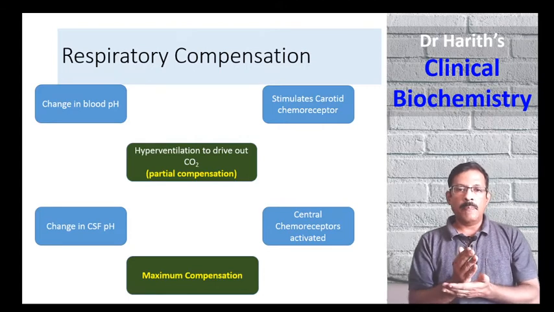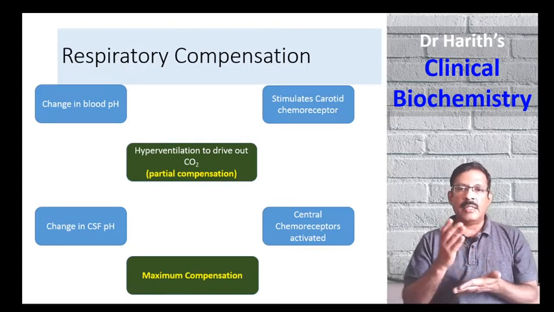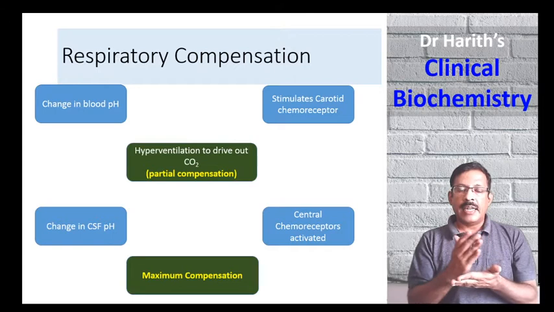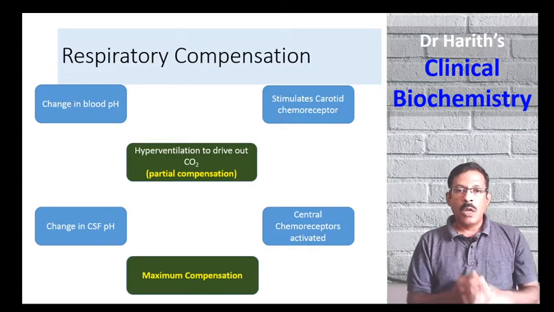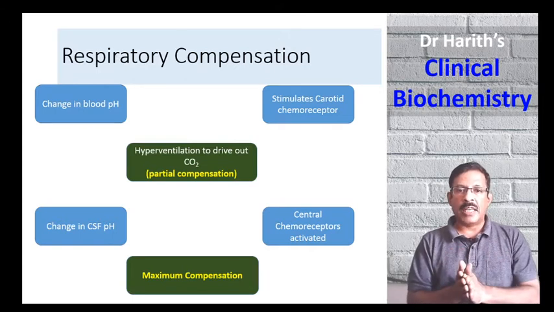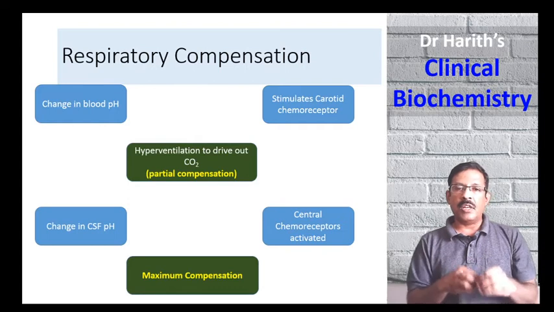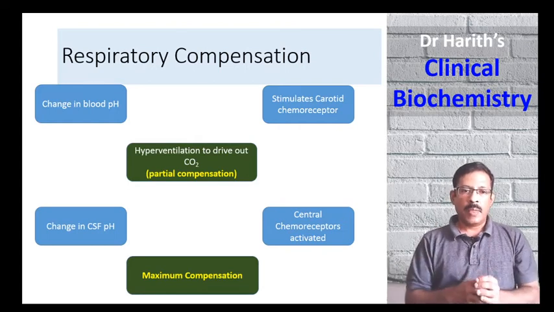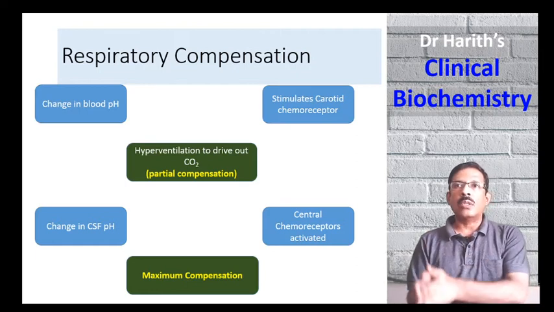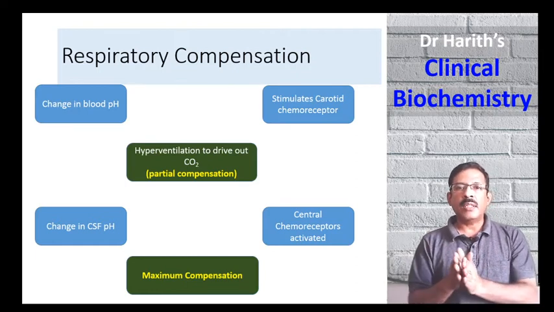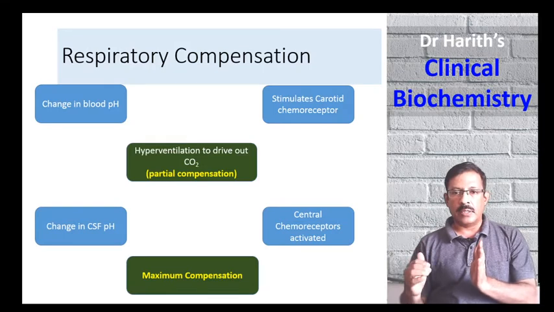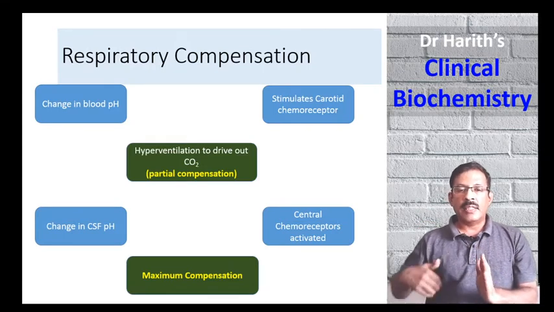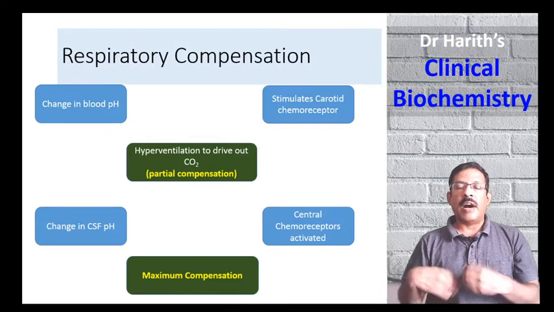Now, remember that the blood pH and the CSF pH take time to equilibrate. So, initial changes in the blood pH induce only the peripheral chemoreceptors to fire, and this is partial compensation. If the acidosis is long standing, then gradually the pH of the CSF also decreases. Now, this induces the central chemoreceptors to fire off.